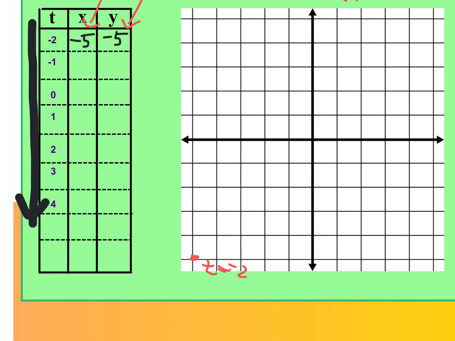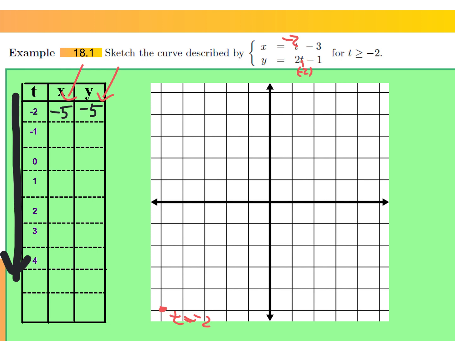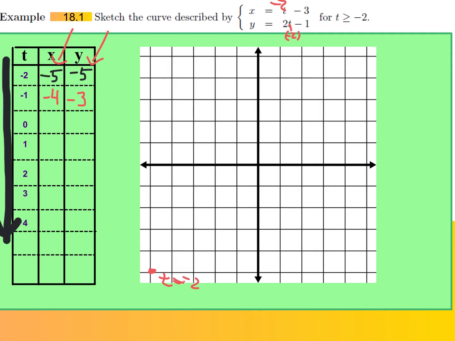All right, let's make another point. Cooper, what'd you get when you stuck in -1? -4 for x and -3 for y. -4, -3. Everybody graph that point and label it with t equals -1.